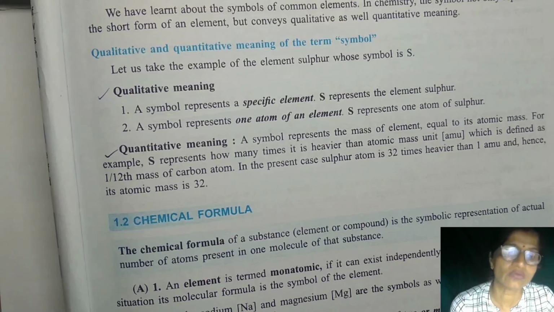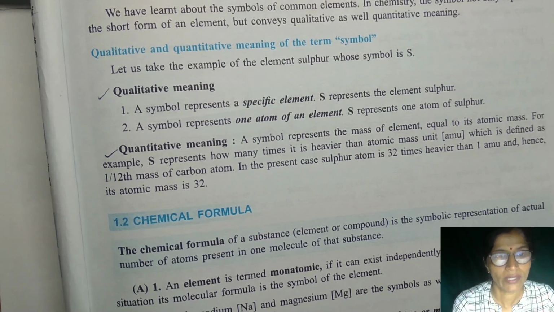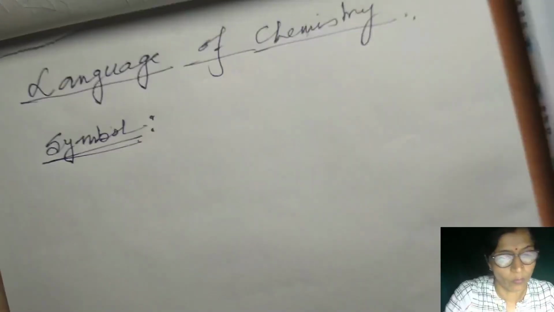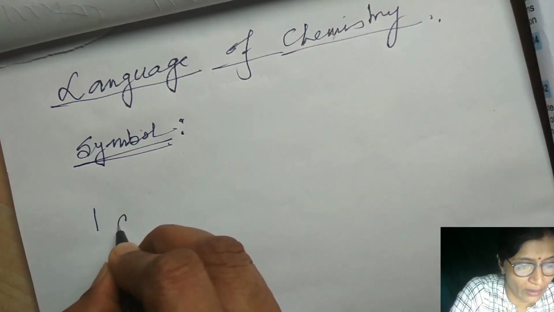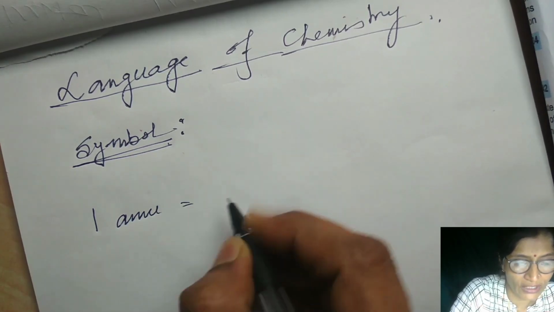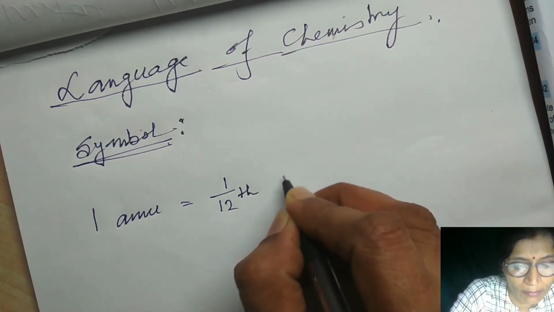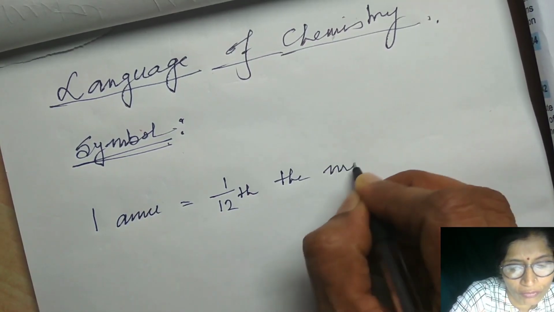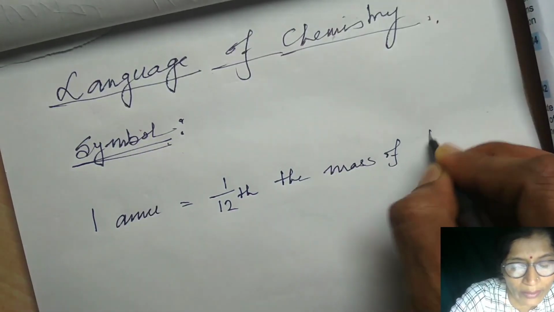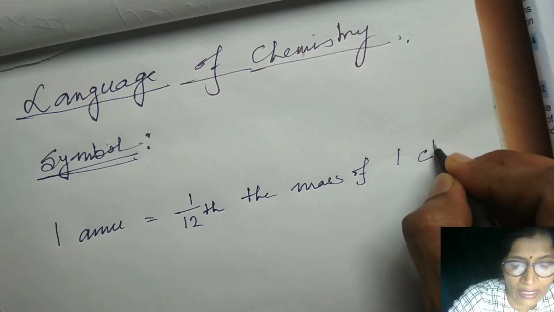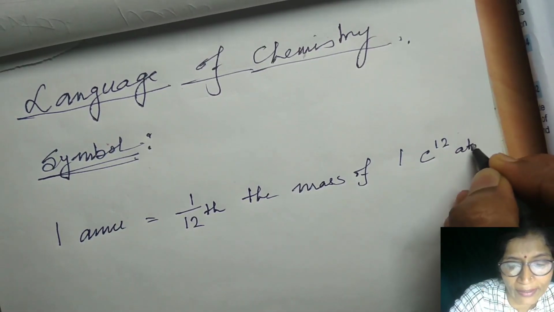Now you will ask, what is 1 AMU? 1 AMU is equal to 1 by 12 the mass of one carbon-12 atom.